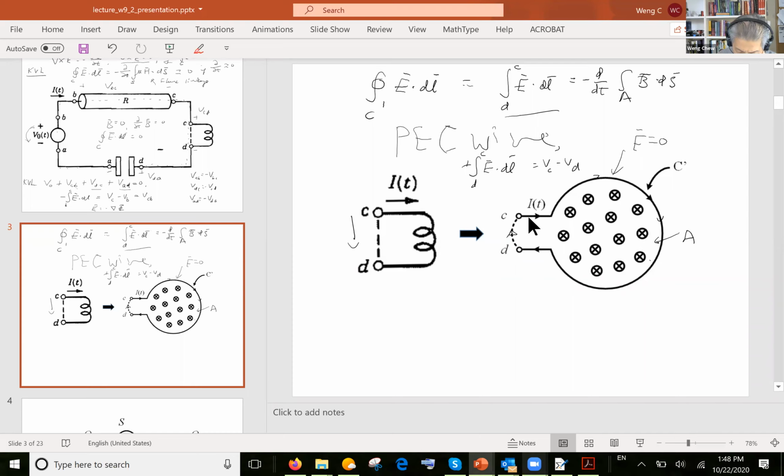You can go to your potential theory again, where you can assume that the electric field is the negative of the gradient of psi. If you go through the analysis, you find that this is true.